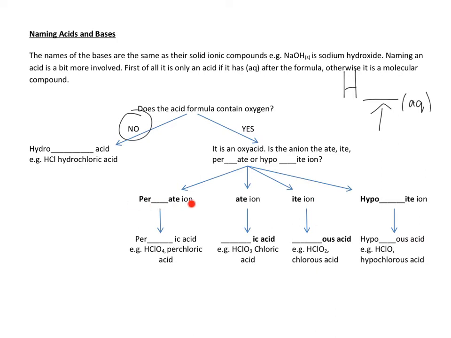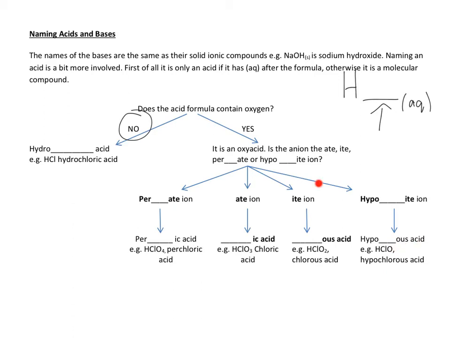And then if you've got your per-ate, like your halogens, perchlorate, perbromate, and your ites and hypo-ites, then that also follows into your naming of your acids. So the per-ate ion becomes the per-ic acid. So perchlorate becomes perchloric. Hypo-ites, hypochlorite becomes hypochlorous.